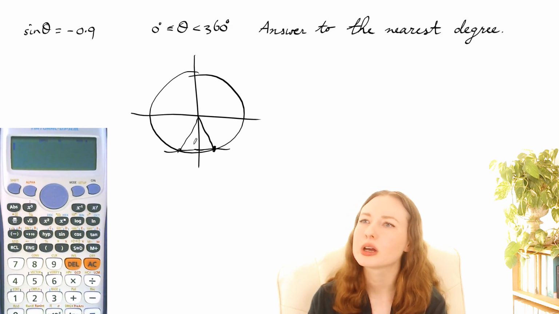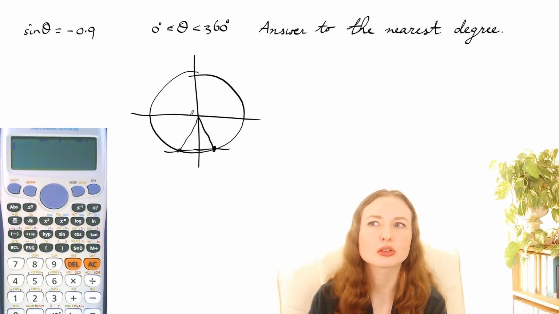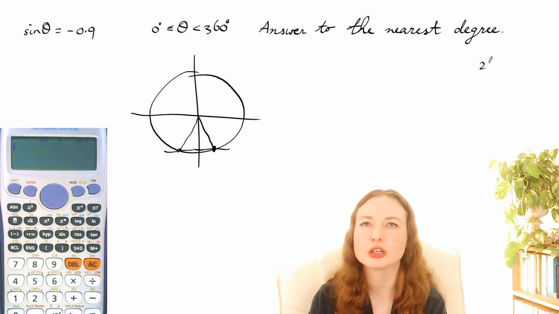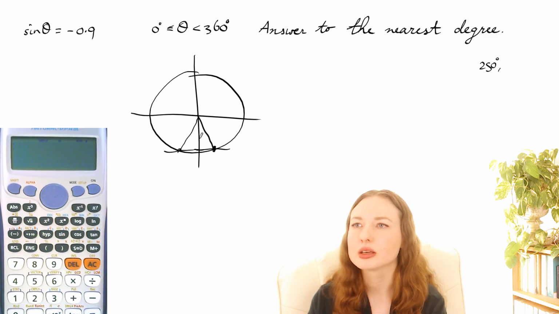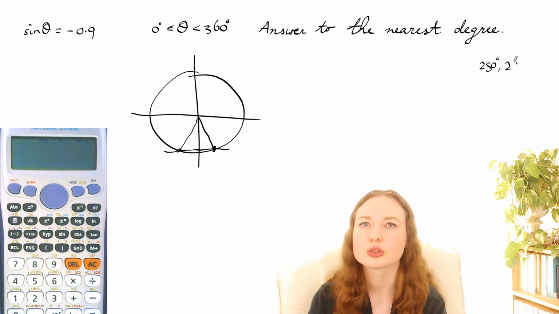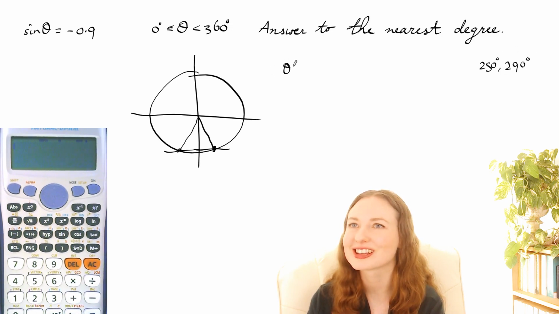So we might expect, that looks like about 70 degrees maybe, so we're expecting it to be like maybe 180 plus 70, so 250 degrees-ish might be one of the solutions. And then the other one is like 270 plus 20, so 290. So it's really good to have an idea of what we're looking for first.